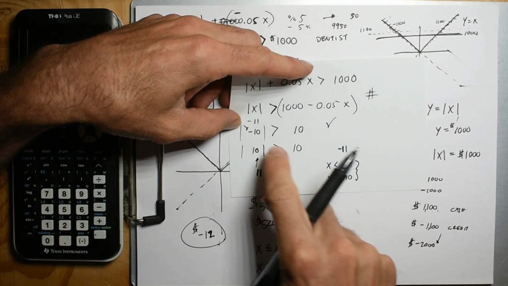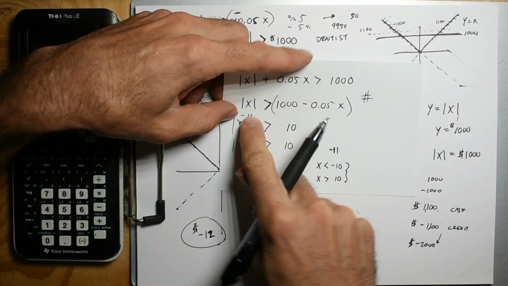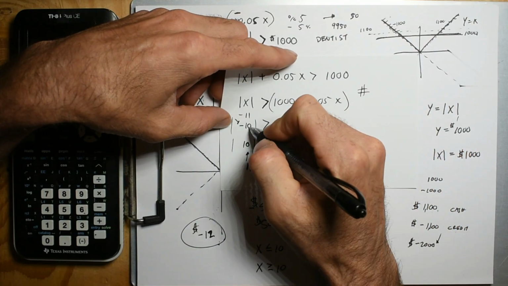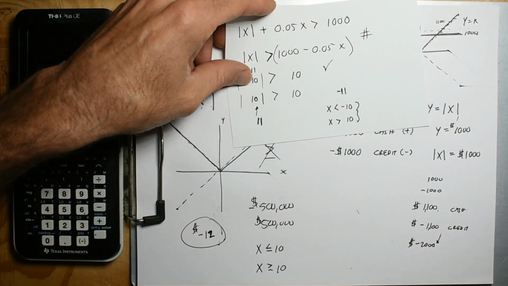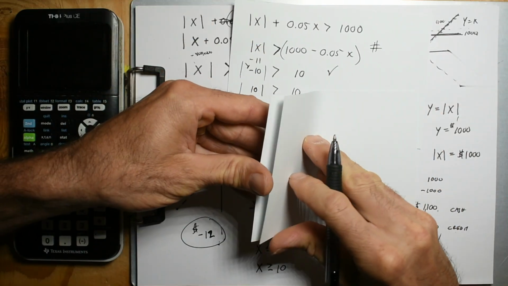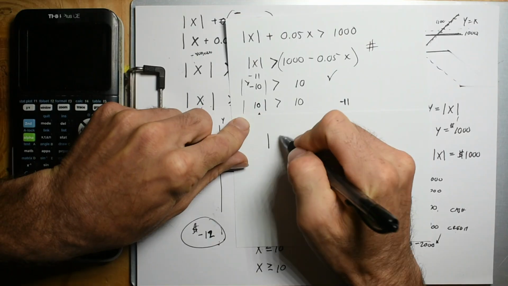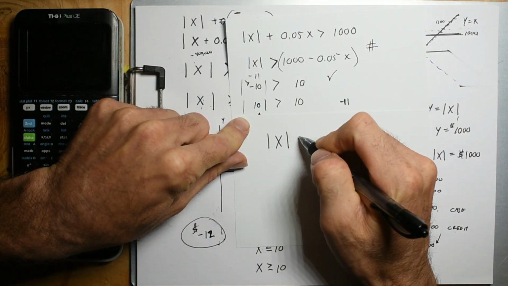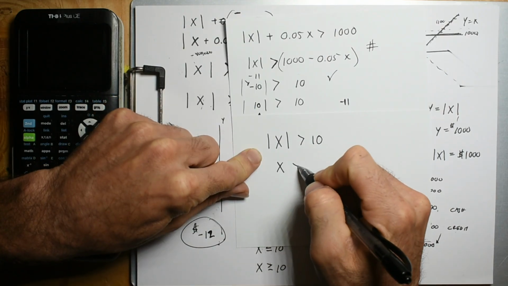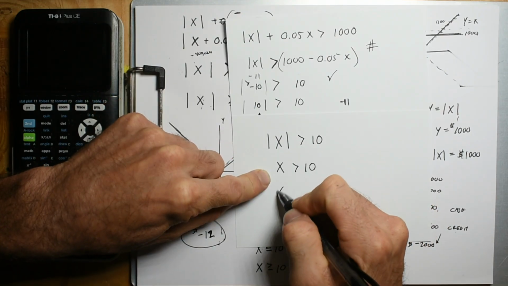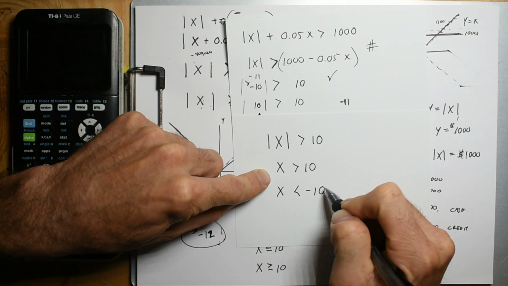And so now I'm going to do what they do. Let's just try to make this as simple as possible. If I have the absolute value of x is greater than 10, my two equations would be x is greater than 10, and then x is less than negative 10.